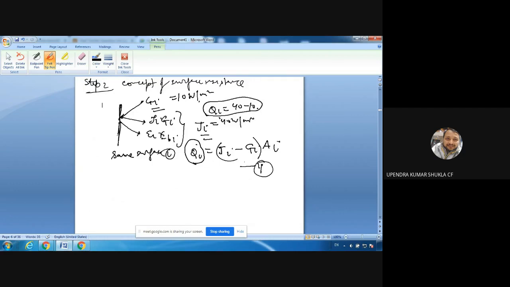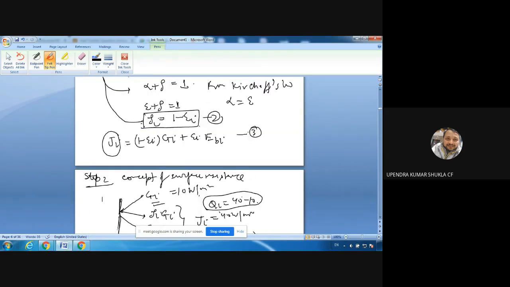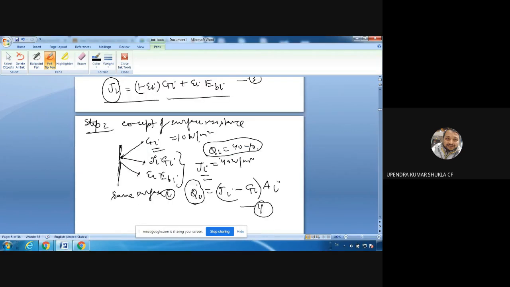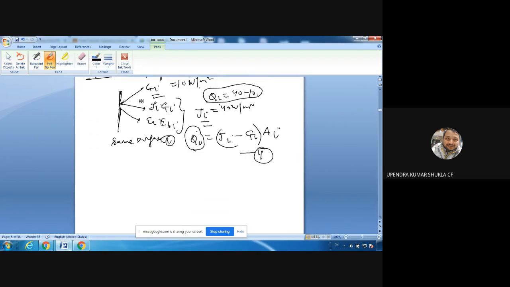Now we have seen equation 3 right here. From equations 3 and 4, I will bring this equation below. Equation 3, I will write it again for your understanding.